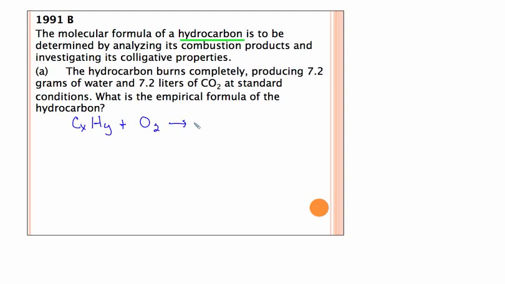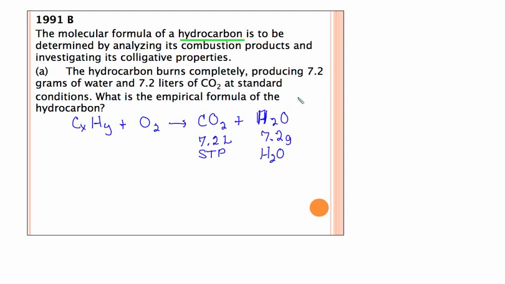And we're going to combust it, and we assume that we're making complete combustion. So we make CO2 and water for this. And the question tells me I have 7.2 liters of CO2 at STP and 7.2 grams of water.